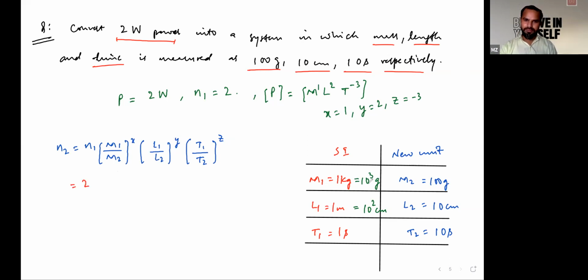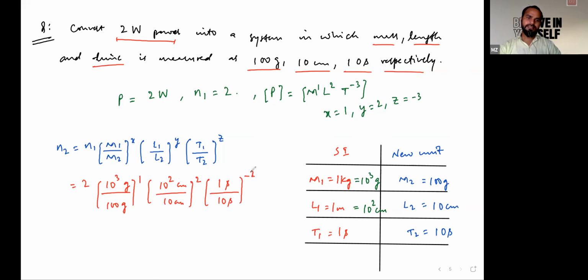M1 is 10 raised to the power 3 divided by M2, which is 10 raised to the power 2, or you can say 100 gram, whole raised to the power 1. Similarly, for length, 10 raised to the power 2 centimeter divided by 10 centimeter, to the power 2, and time, 1 second divided by 10 second, to the power minus 3.